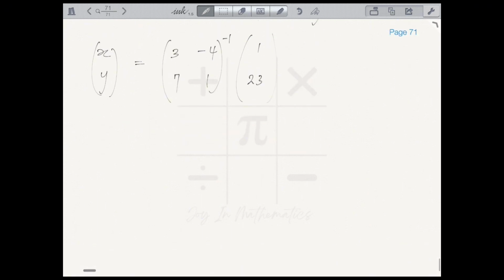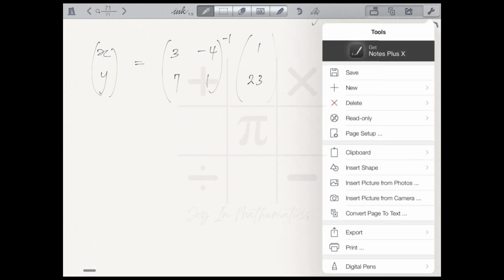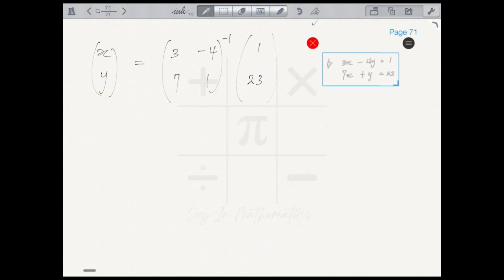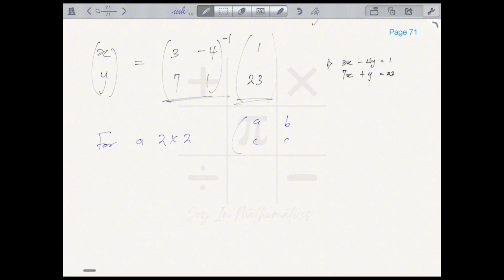So yes, we can see how this question has been reduced to this. To solve this simple 2 by 2 question, we are going to apply this. So we take the inverse of A, multiply by B. Let's look at how we take the inverse of A. Let's recall, for a 2 by 2 matrix, say [A B; C D], and we want to take the inverse.